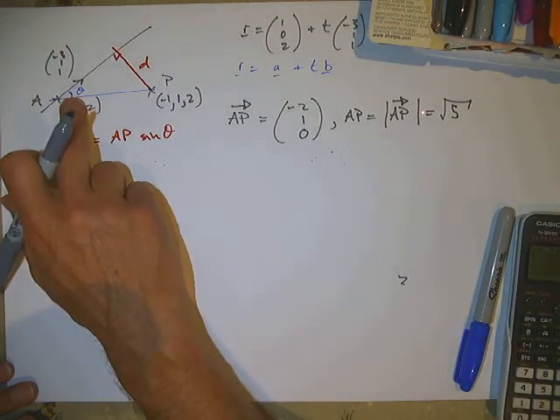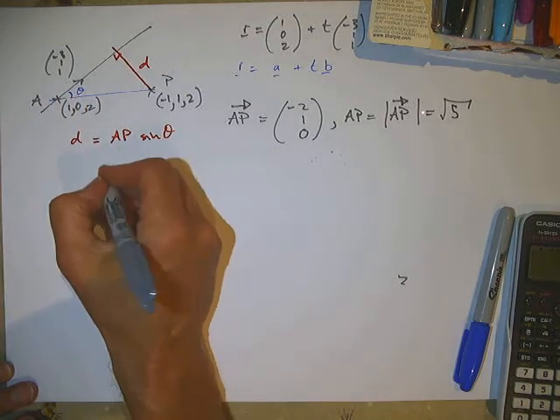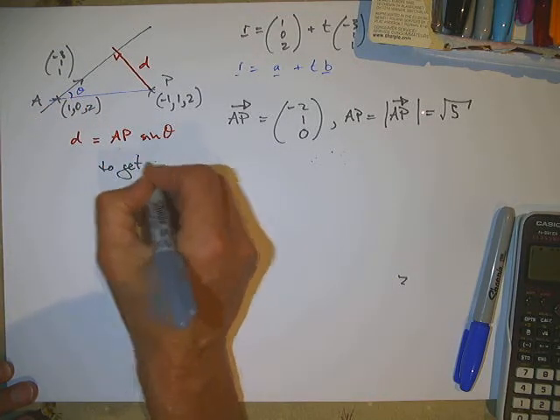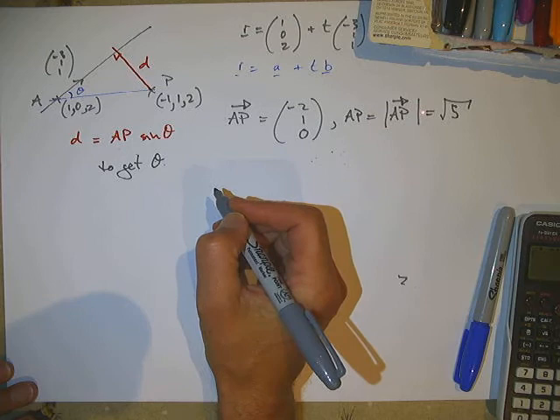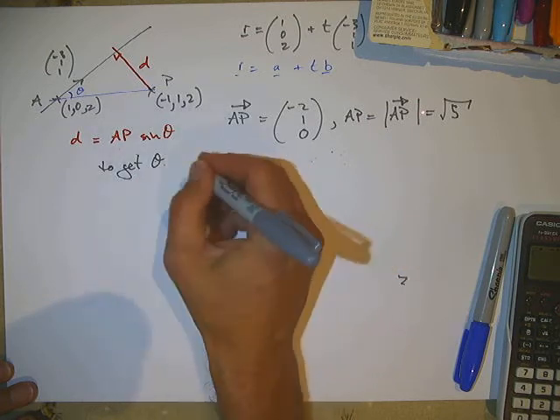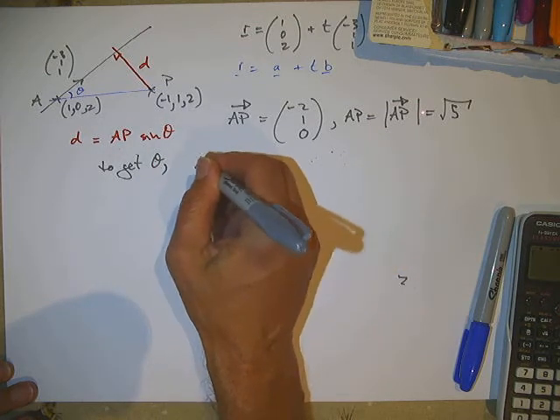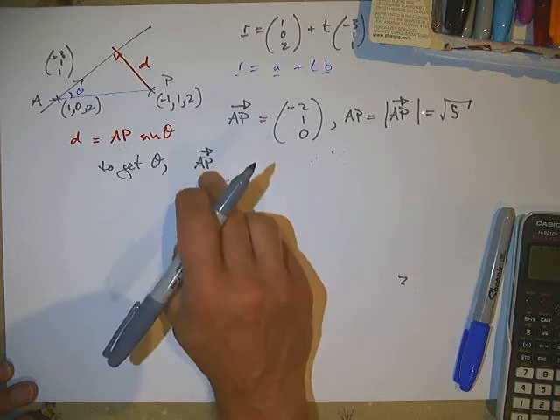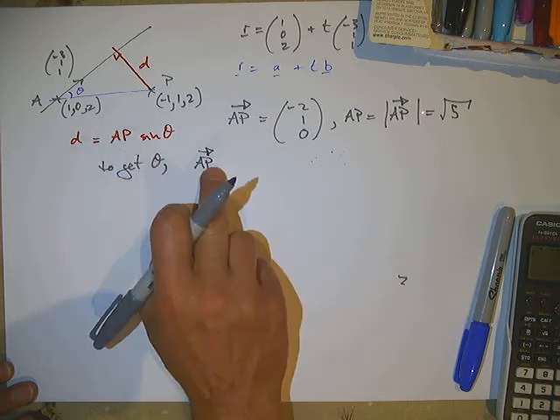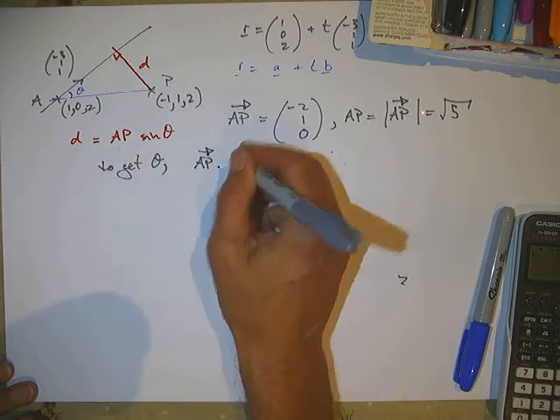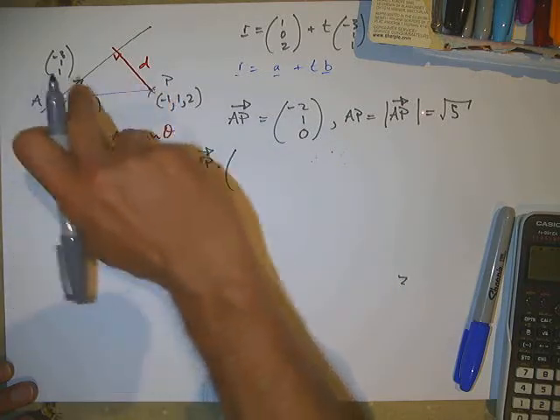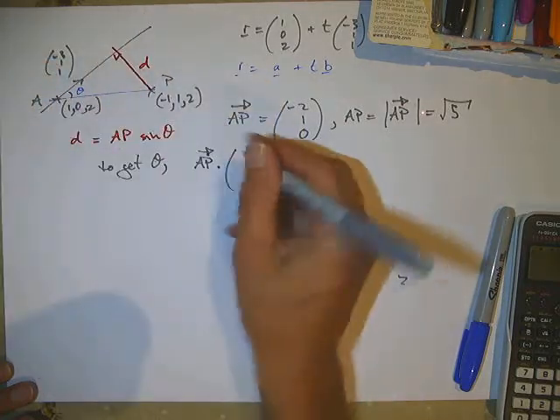Right, to get that angle there, to get theta, we're going to use the dot product. So I'm going to do AP, the vector, so not the length, AP, the vector, dotted with this direction, (-3, 1, 1).